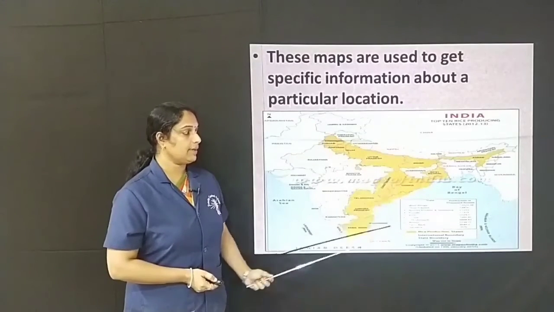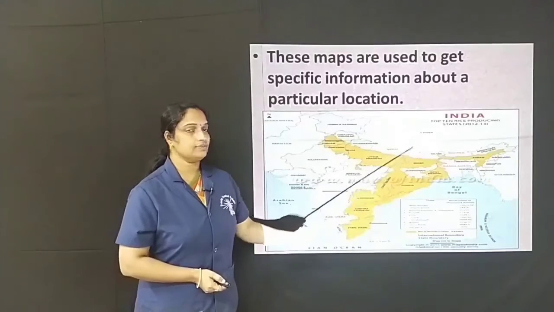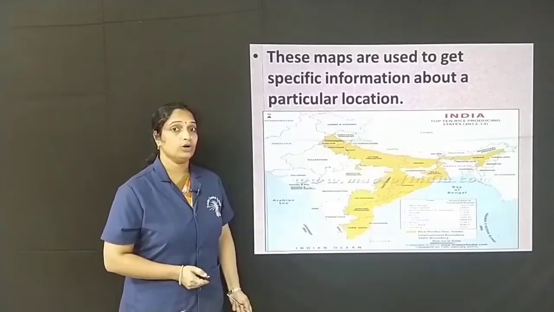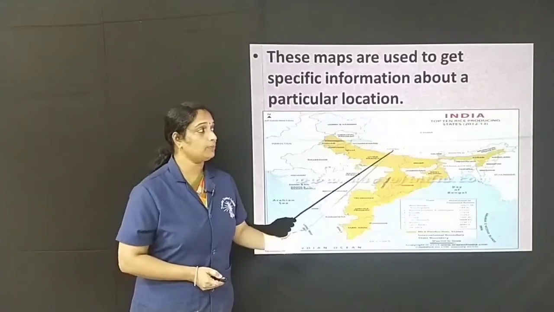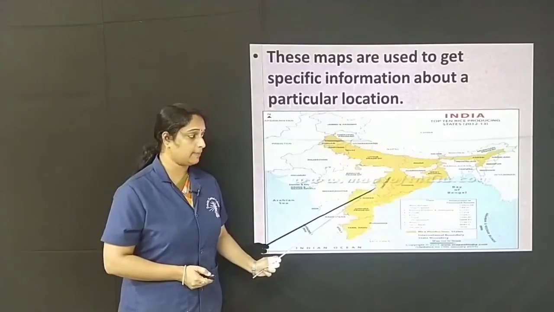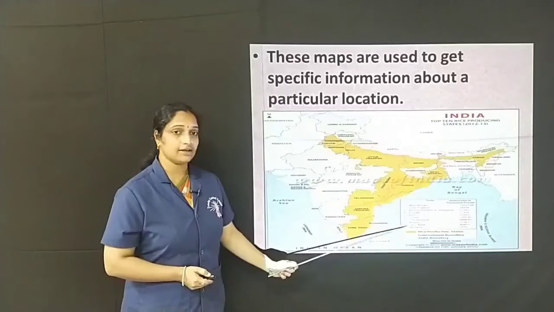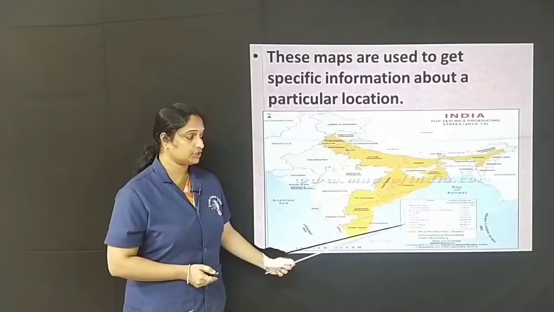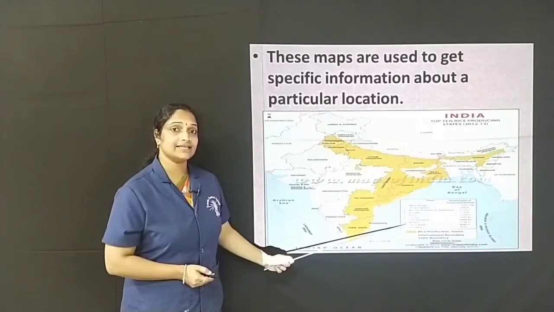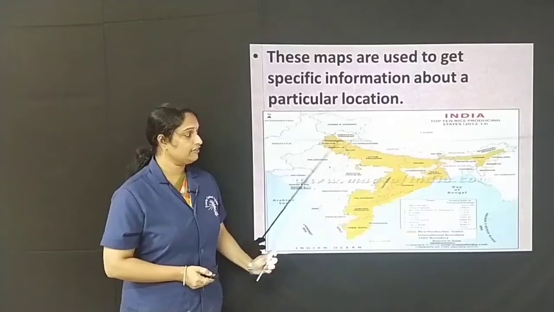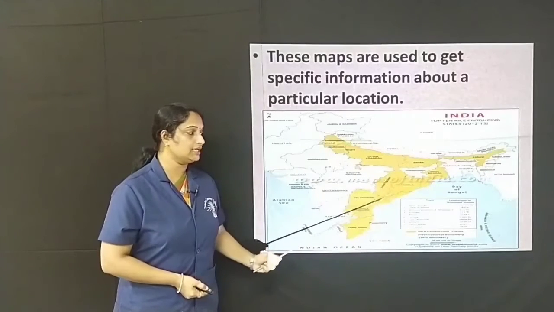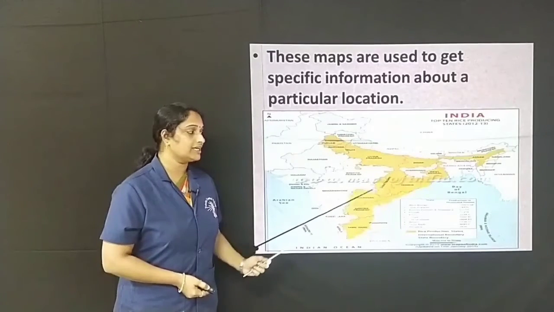Here you can see the map of India. This map is about the top 10 rice producing states. So the theme here is the top 10 rice producing states. The names of states are mentioned one by one, which shows the top 10 rice producing states of India, in particular regions or particular states.